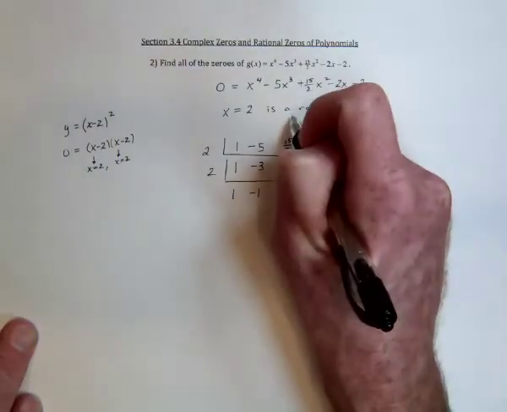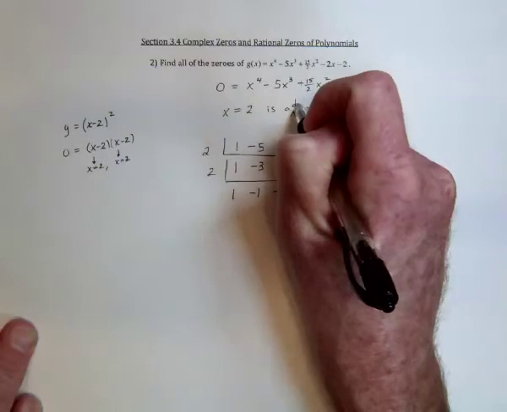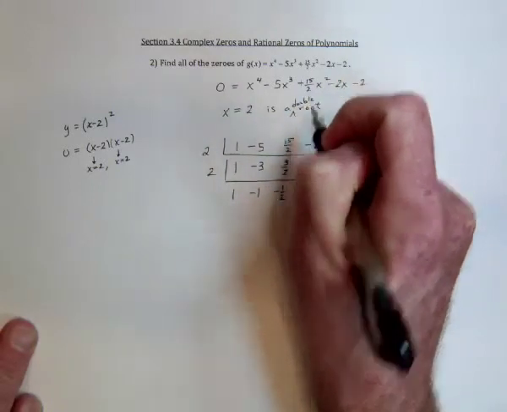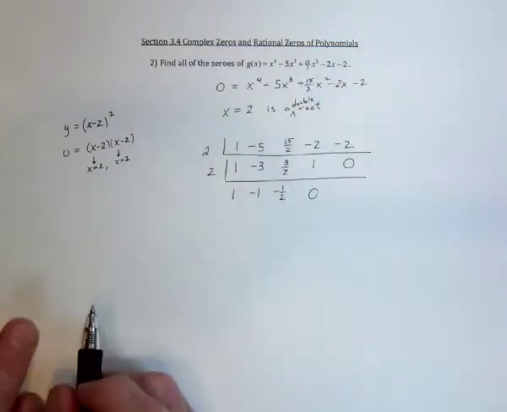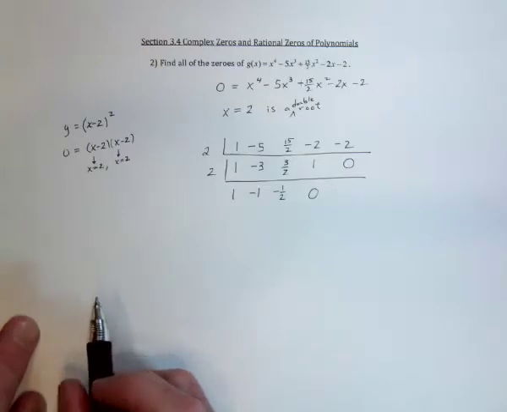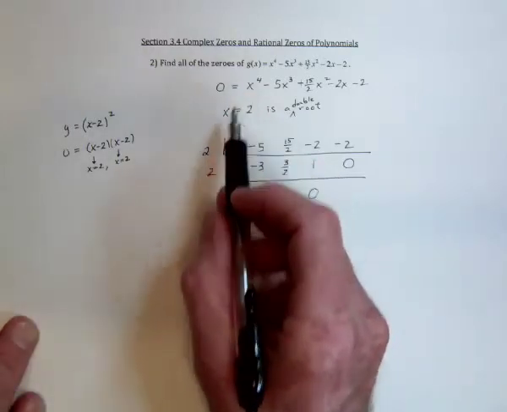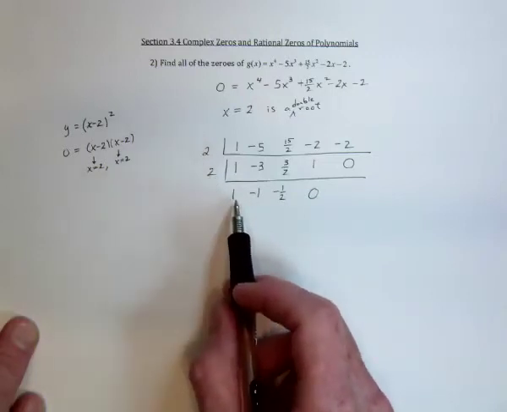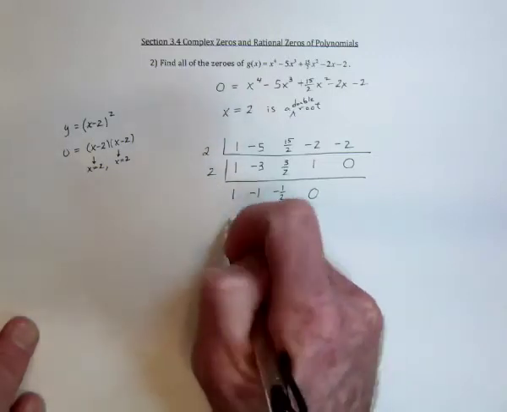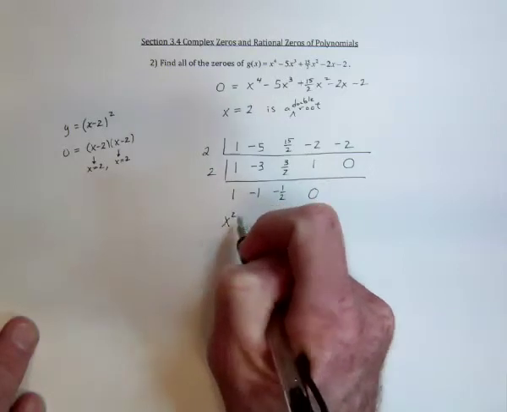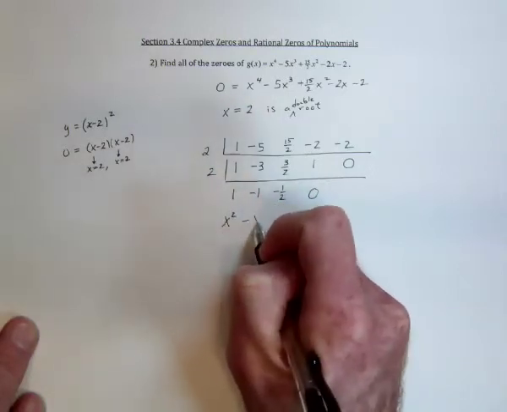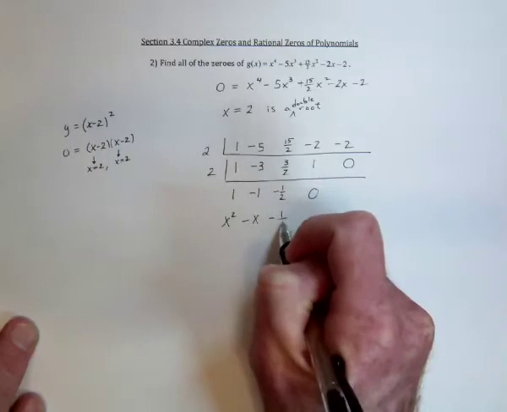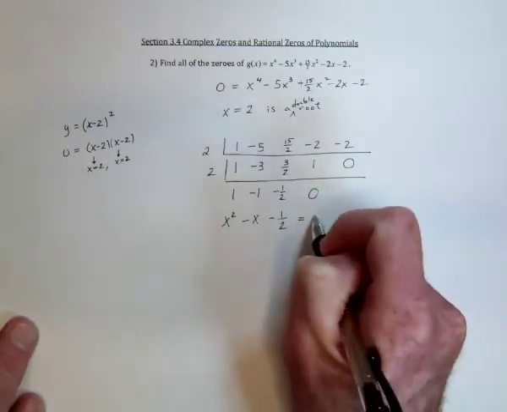So we've got that x equals 2 is actually a double root. It shows up twice. So we started with x to the 4th. We divided out one of the x's. We divide out another one. So we're now down to x squared. So that means the resulting polynomial is x squared minus x minus 1/2 is equal to 0.